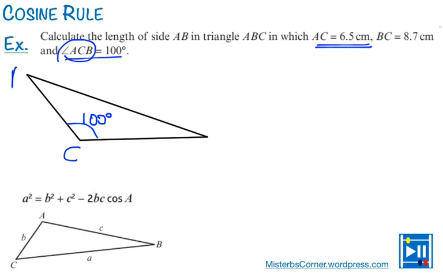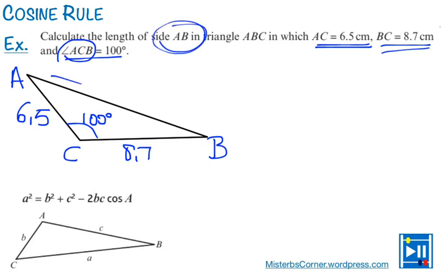So let's say A is here, B is here. So AC here must be 6.5 and BC is 8.7. So basically we are asked to find AB, this side length, which is right across the angle given, right?